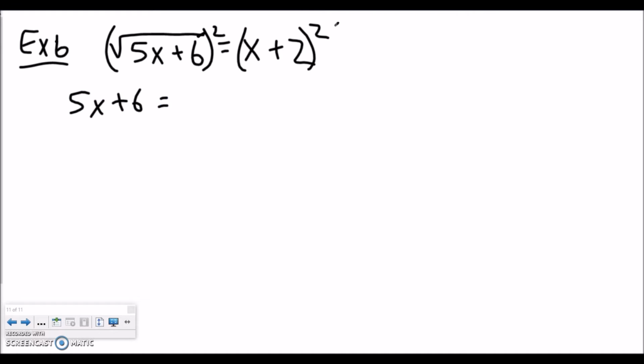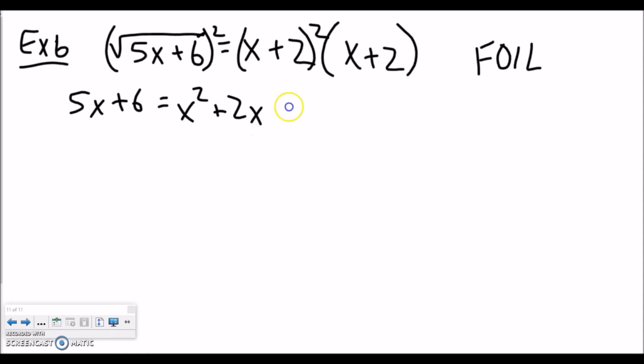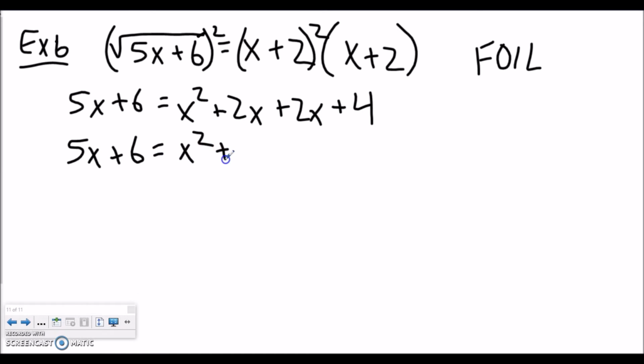The right side, we remember that there are two parentheses of x plus 2, which means FOIL. First, outer, inner, last. Combine the right side, and we get x squared plus 4x plus 4.